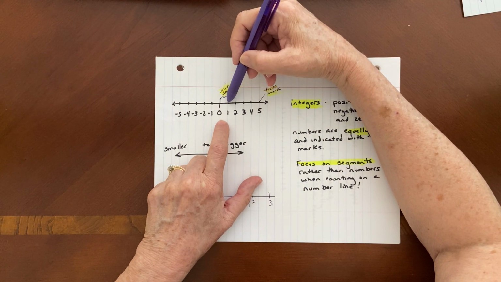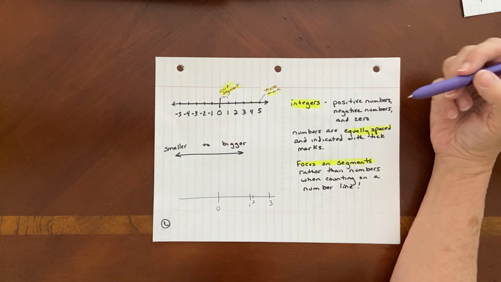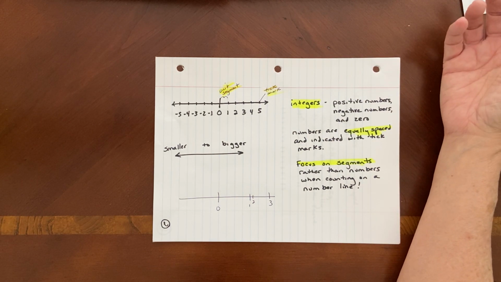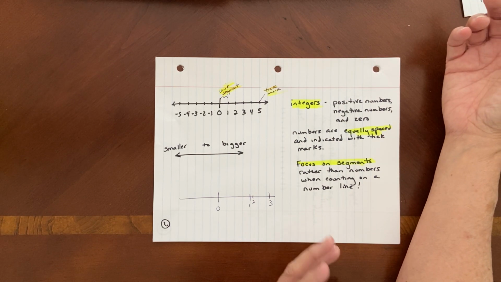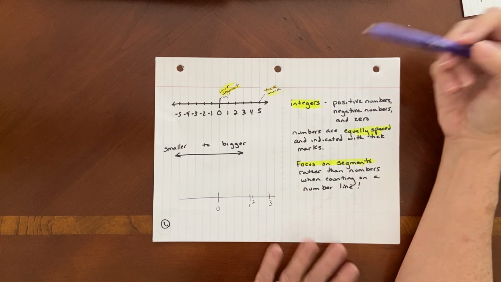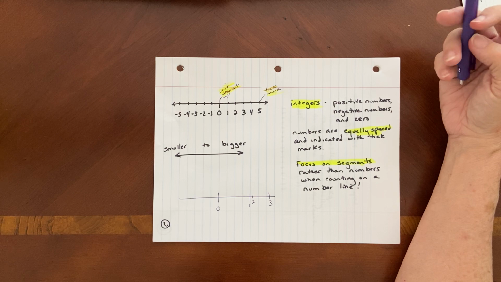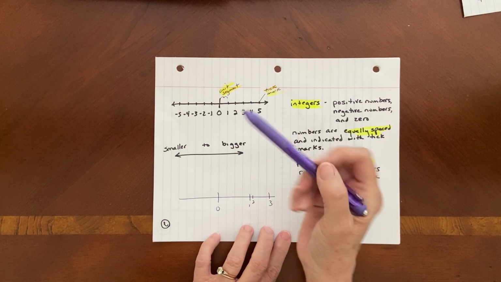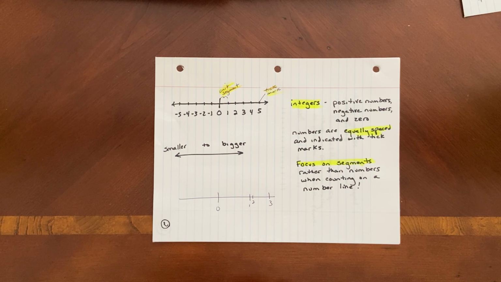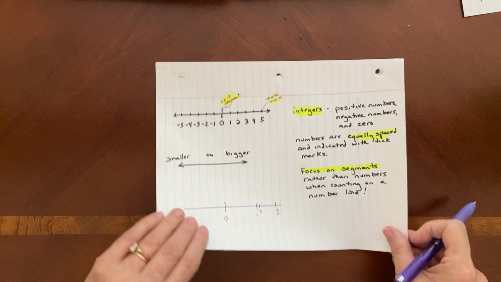So I'm going to go 1, 2, 3 segments from 3 to 0. And when I subtract 3 minus 0, I get 3, right? I don't get 4. So that might tangle you up. That's probably the only thing that'll really tangle you up. Focus on these spaces in between the tick marks, those segments, when counting.